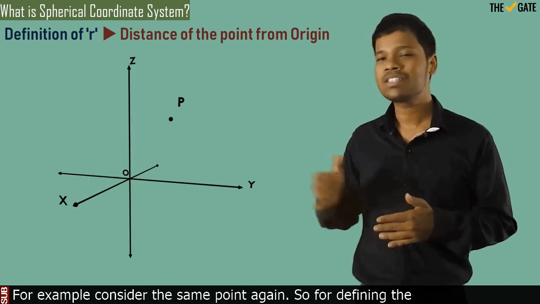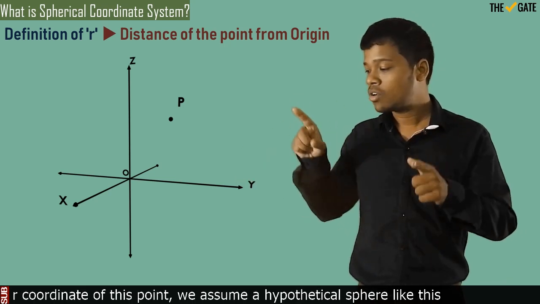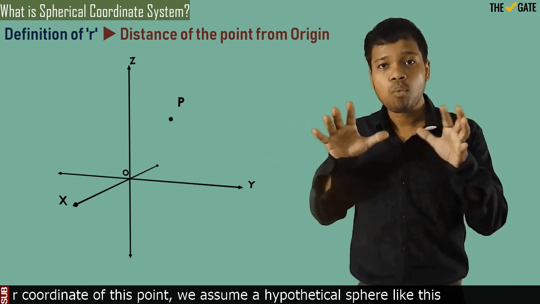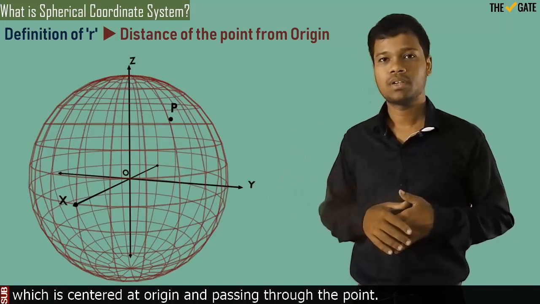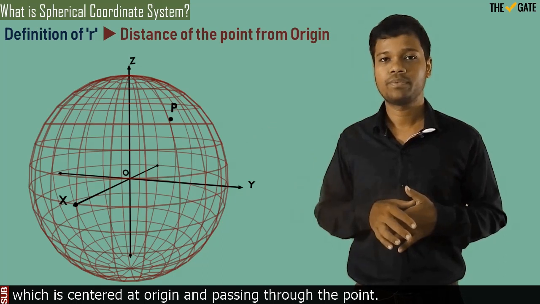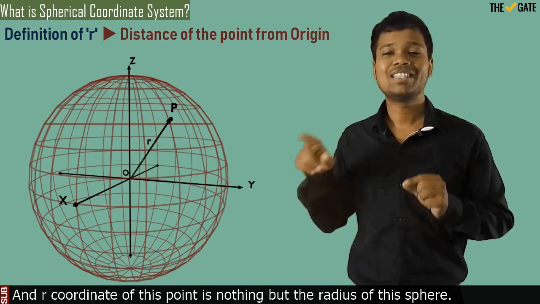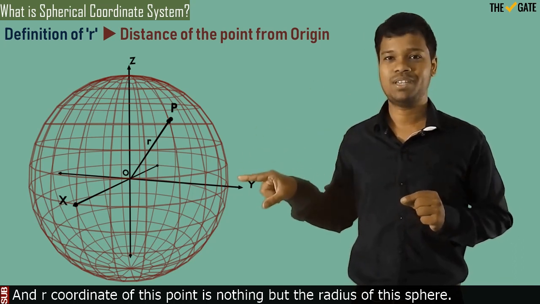For example, consider the same point again. For defining the r coordinate of this point, we assume a hypothetical sphere like this, which is centered at the origin and passing through the given point. And the r coordinate of this point is nothing but the radius of this sphere.